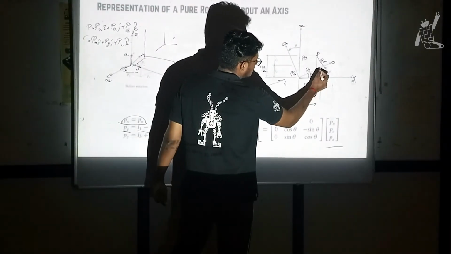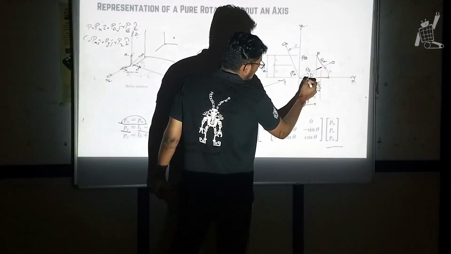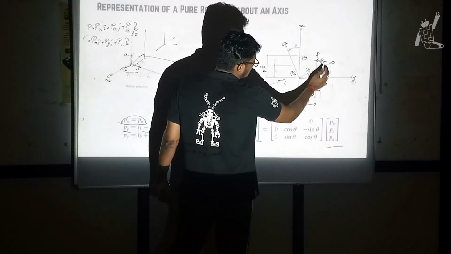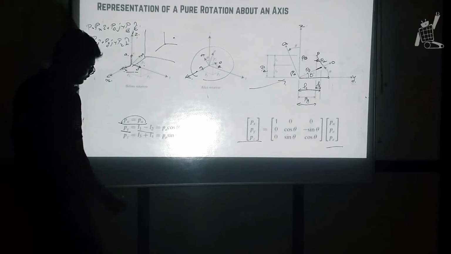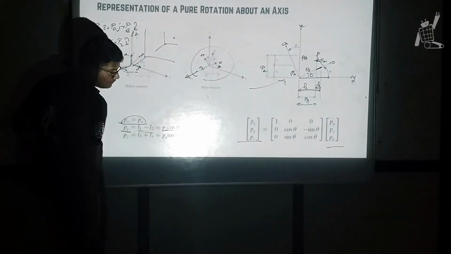And L2 is this distance, so if this is theta, this will also be theta, so it will be PA sin theta. So Py is PO cos theta minus PA sin theta.